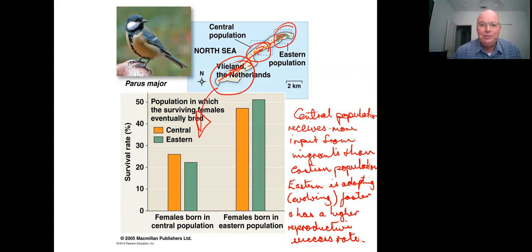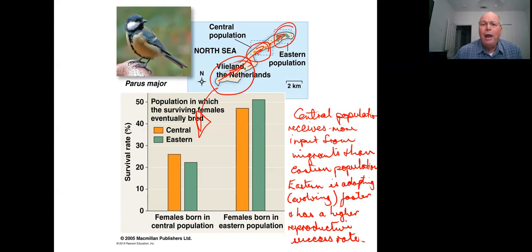If you get substantial gene flow, which is the problem for the central population, from the mainland, it tends to level out the differences. And so the central population is not evolving as rapidly, and therefore is not as well adapted to the Vlieland environment.